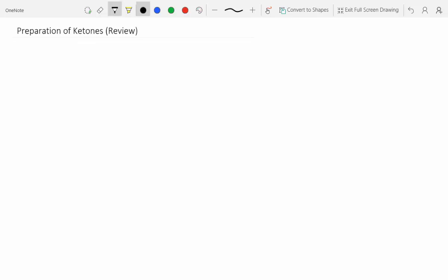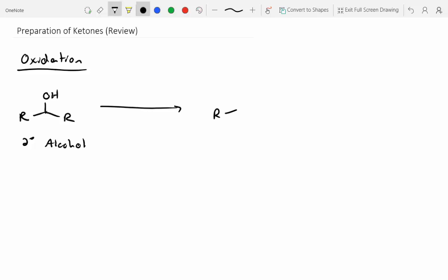All right, preparation of ketones. We said we can do oxidation and get a ketone. And this time we actually need to use a secondary alcohol. And what reagent do we want to use?